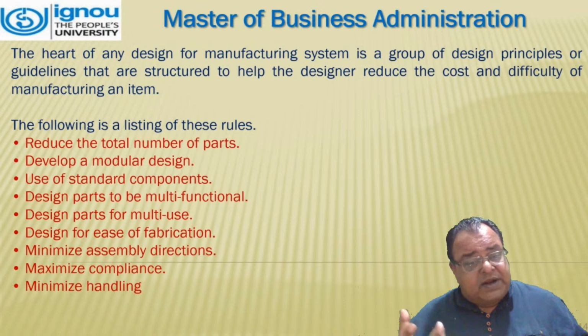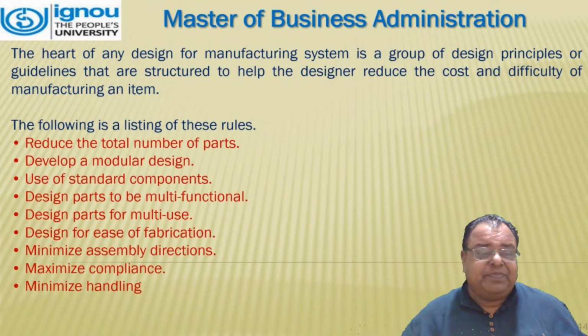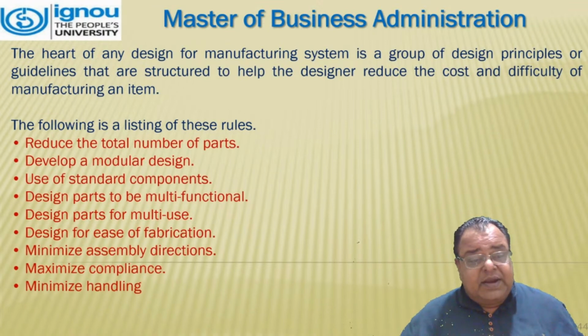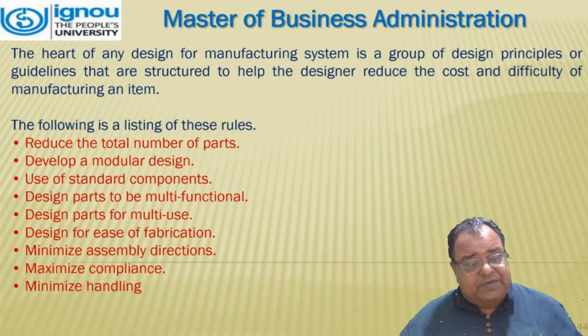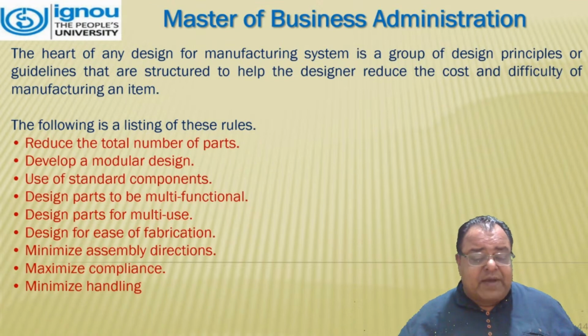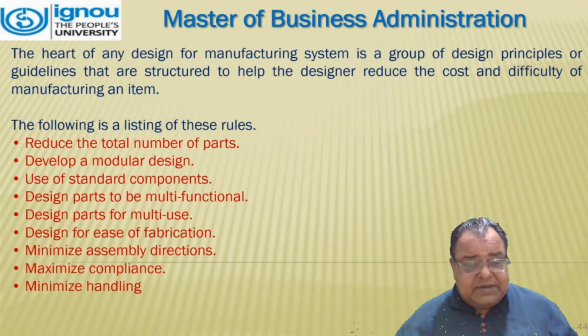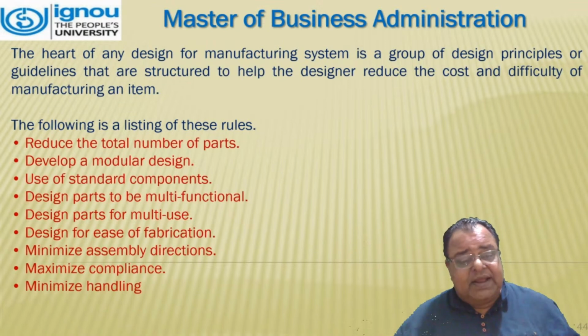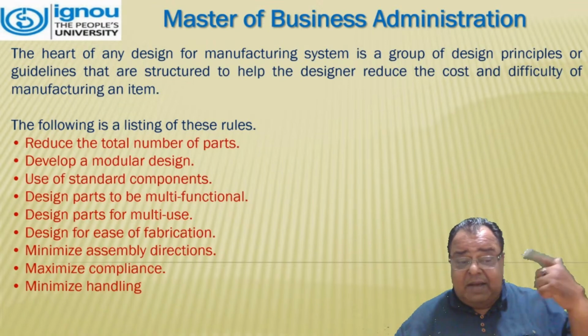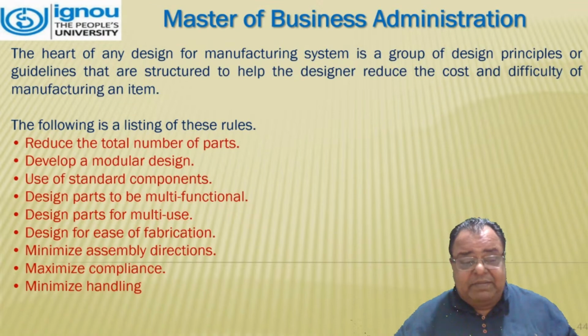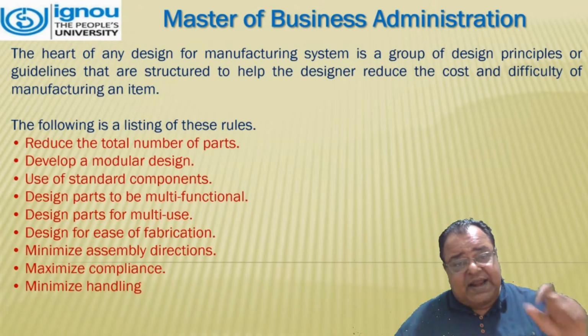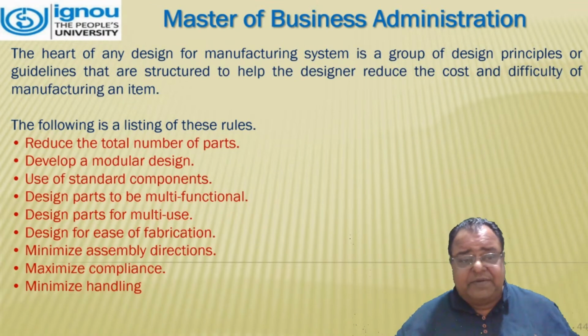Develop a modular design. Use standard components. Design parts to be multifunctional. Design parts for multi-use. Design for ease of fabrication. Minimize assembly directions. Maximize compliance and minimize handling. Now, these are the criteria which have to be kept in mind.